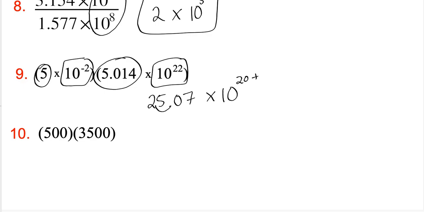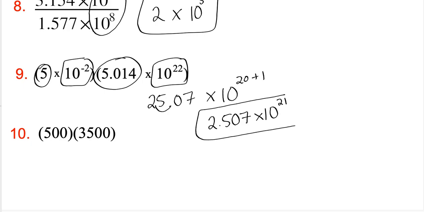So that means you're adding 1. So it's 2.507 times 10 to the 21st power. Okay? So really kind of go back to your base rules for scientific notation. Is the number bigger that I'm turning into a smaller one, or is the number smaller that I'm turning into a bigger one? And use the rules associated with that. Okay?